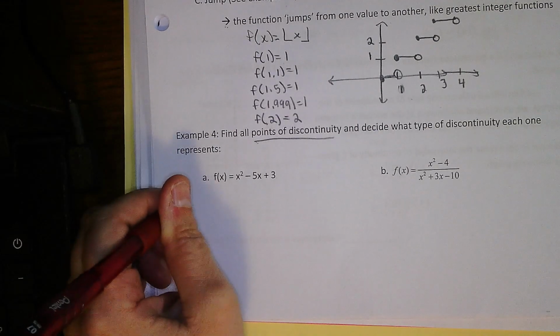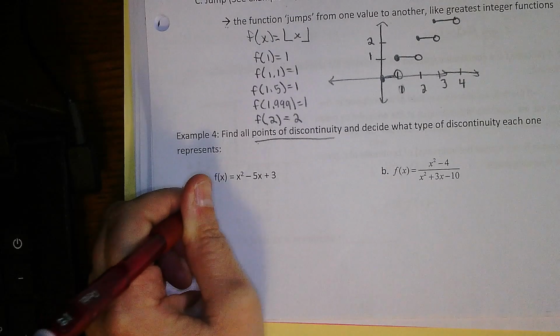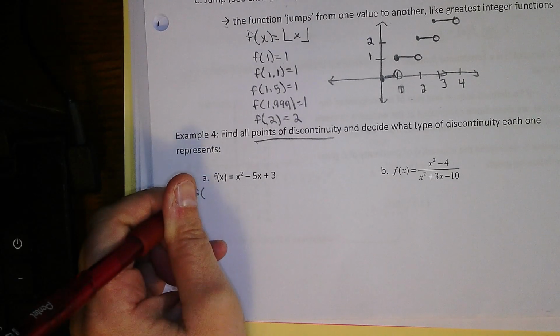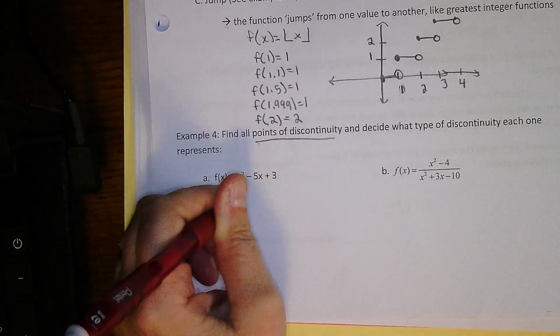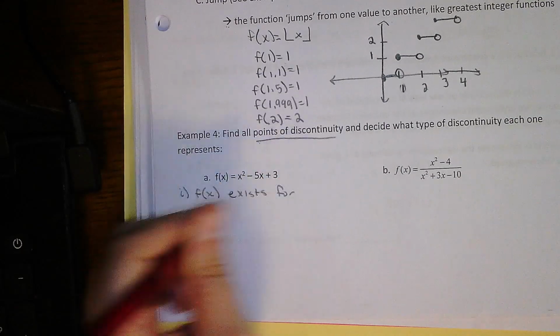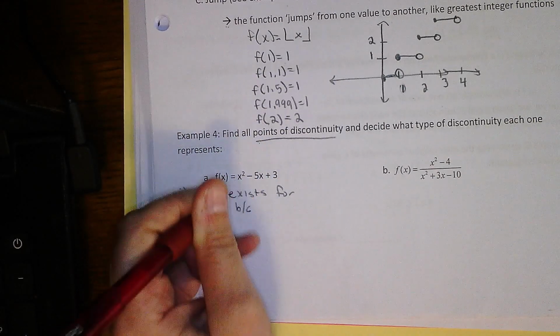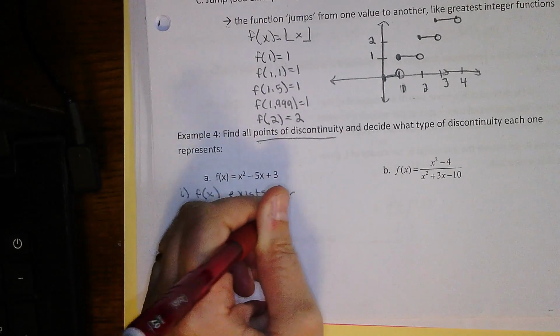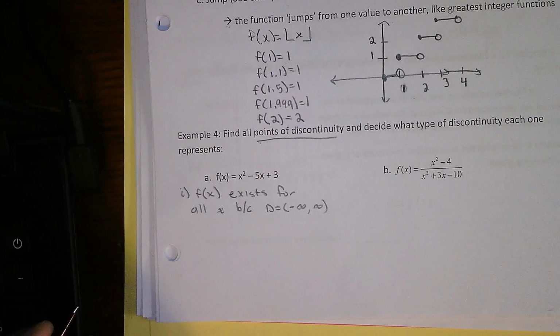First, we have to show that f of a specific point exists. We know that f of x exists for all x because this function's domain is negative infinity to infinity.